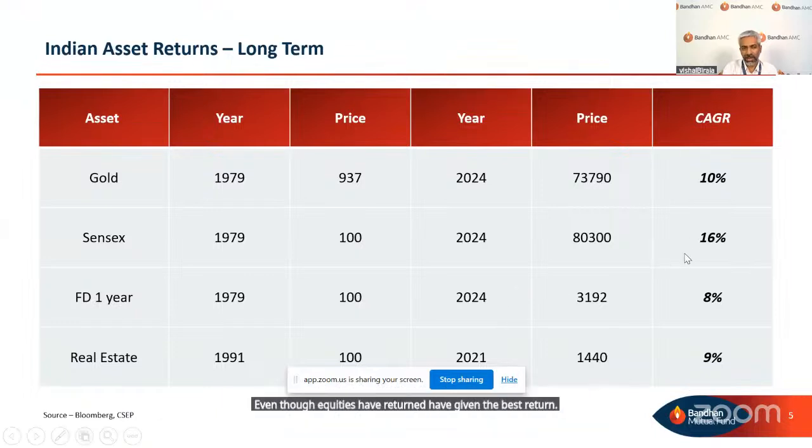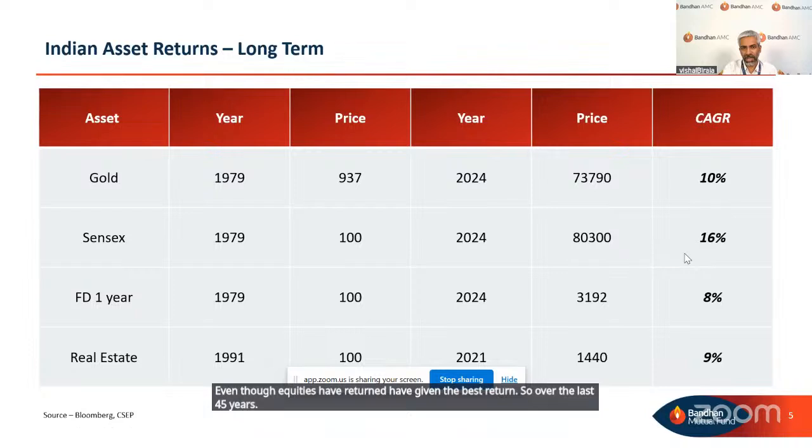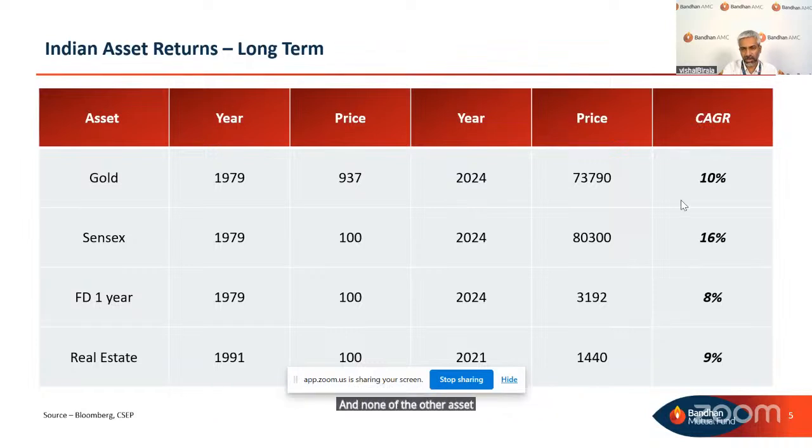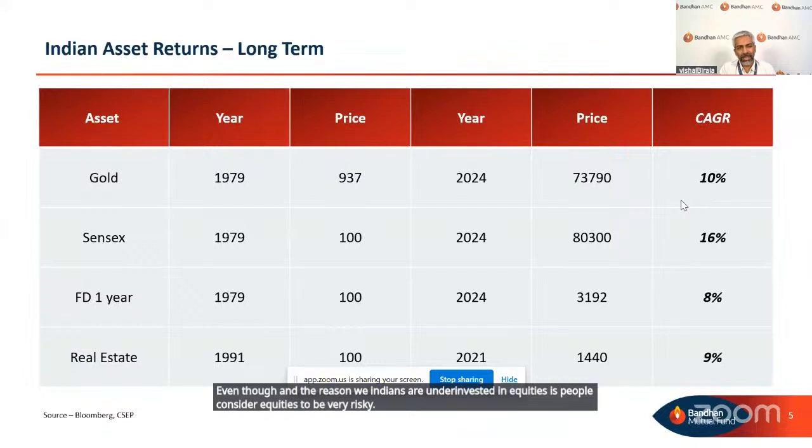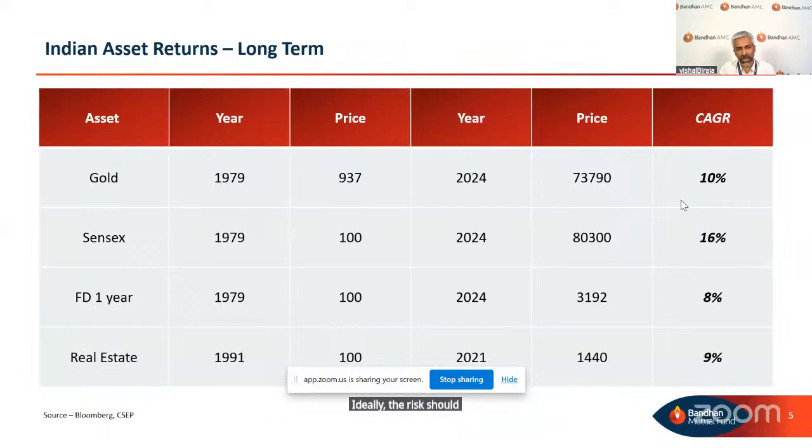So over the last 45 years, equities have compounded by 16% per annum, and none of the other asset classes have even come close. The reason we Indians are underinvested in equities is people consider equities to be very risky. Ideally, the risk should be defined as loss of capital, and that too permanent loss of capital.